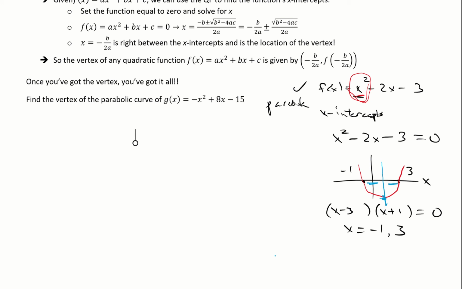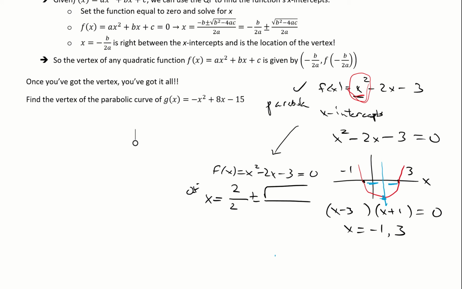All right. If we, instead of factoring, decided to go, I've got f of x is equal to x squared minus 2x minus 3, and we set it equal to 0, and we use the quadratic formula instead, we would get x, these are the intercepts, mind you, x is minus b, so it's 2 over 2 times a, which is 1, so 2 over 2, plus or minus the radical, remember this from a previous video?